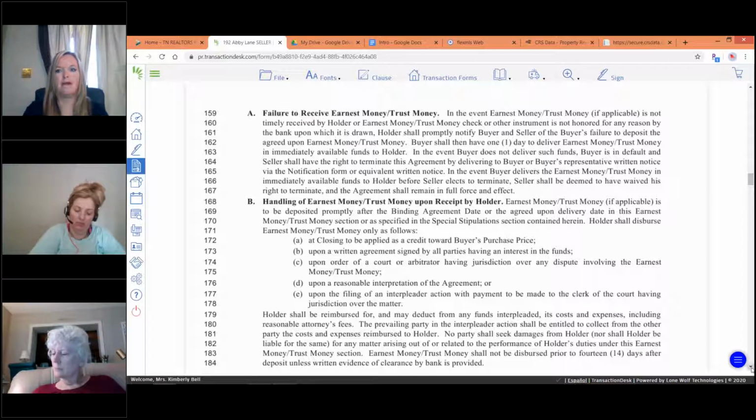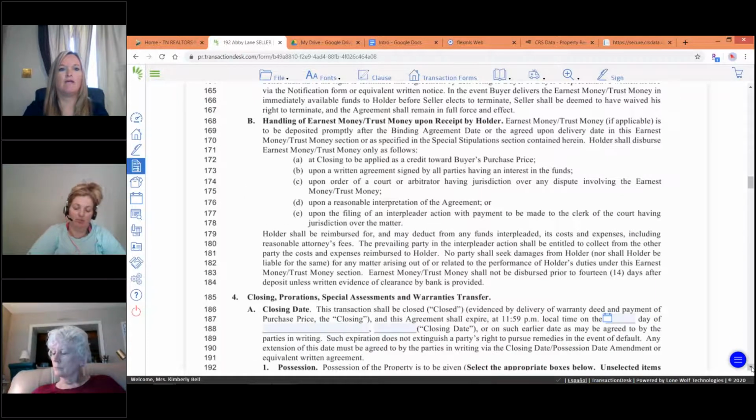Handling of the earnest money. It's either applied at closing or upon a written agreement signed by all parties having an interest in the funds. So I took this to mean that we can take earnest money and apply it differently. Well, then it's no longer earnest money.